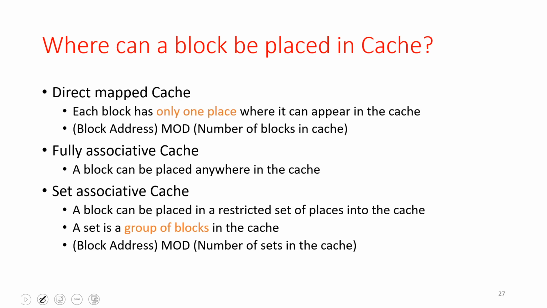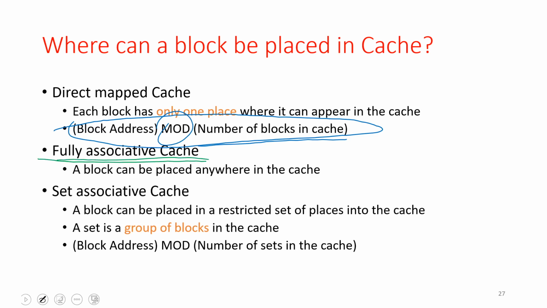Each block will have a set location based on a particular calculation: the block address modulus the number of blocks in the cache will determine where it is going to be loaded into the cache.